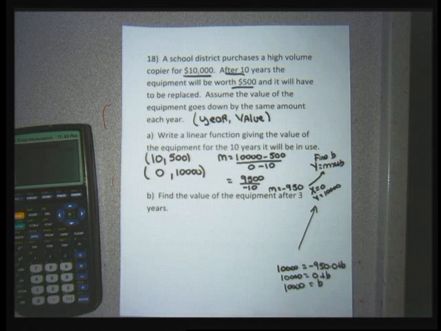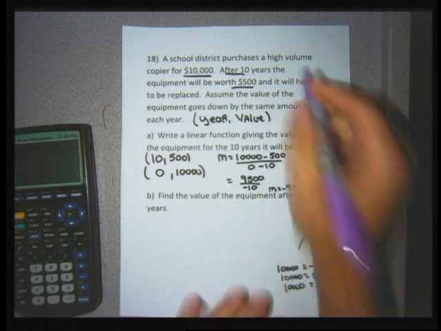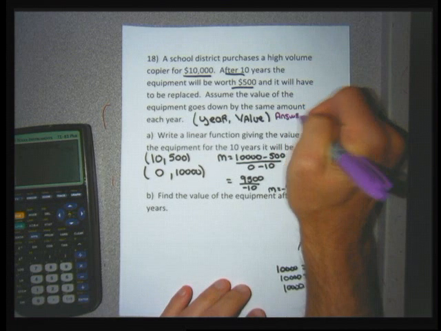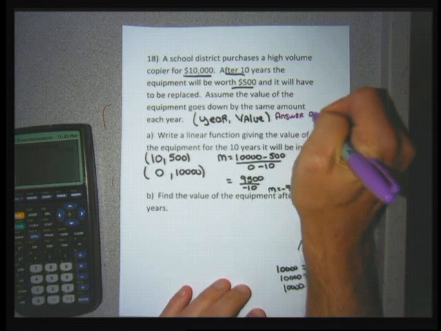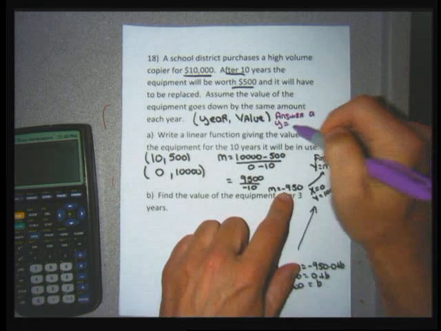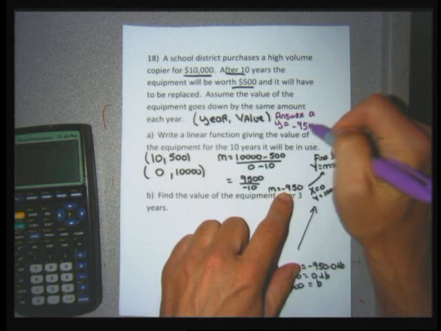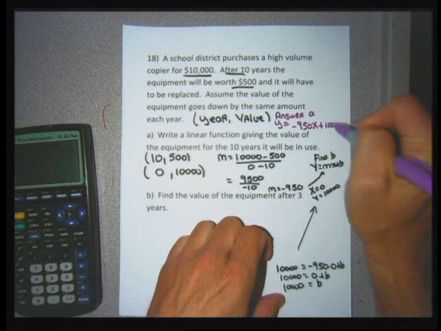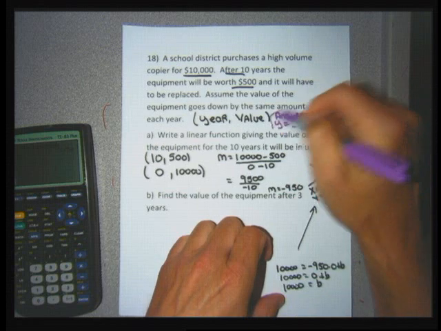So now I'm ready to write my equation, my answer to part A. I'm going to leave myself a lot of room to do that. I could go y equals mx, so negative 950x, plus b, which is 10,000. Or I could use a function name.